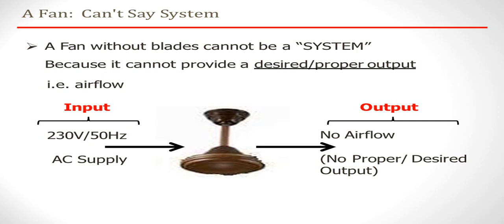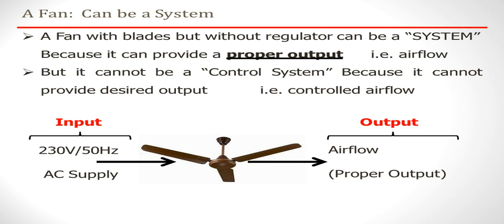See, from the fan, whatever the output we want is flow of air. But though the input is given, we cannot get the desired output. Okay, so a fan without blades cannot be a system because it cannot provide desired output or proper output.